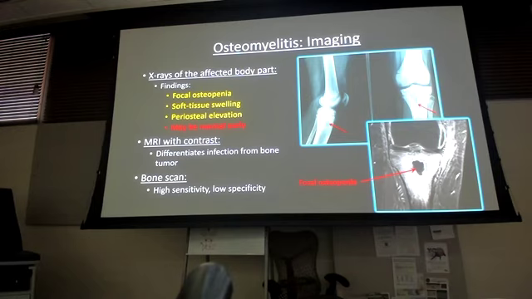Imaging-wise, again, this has very specific imaging. Focal osteopenia, so you see areas where the bone is not as dense, right? And then you see soft tissue swelling, periosteal elevation. Periosteum is what? It lines the bone, correct? Periosteal lining, okay?